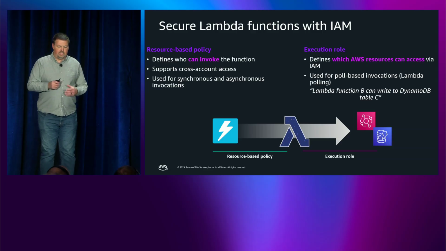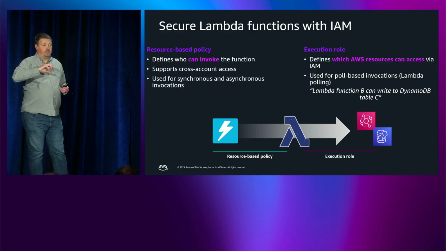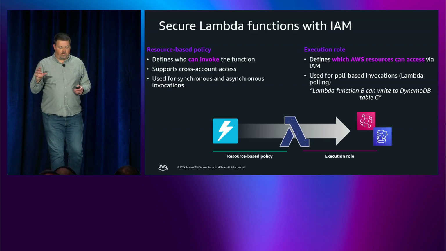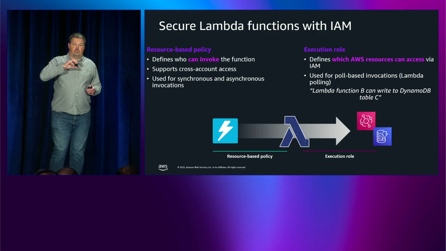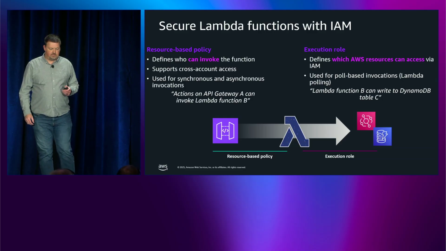Lambda function. Now, the execution role is on the other side of the Lambda function. That's the policy that's controlling what that Lambda function has access to as it's executing. So maybe it's a DynamoDB table, as we mentioned before in our architecture. So that gives you a different policy to control what that Lambda function is accessing.